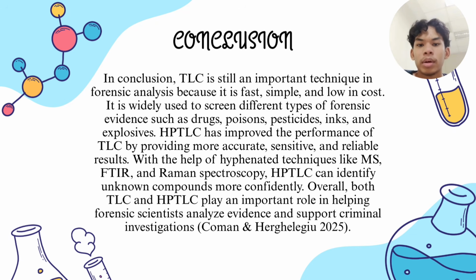With the help of hyphenated techniques like MS, FTIR, and Raman spectroscopy, HPTLC can identify unknown compounds more confidently. Overall, both TLC and HPTLC play an important role in helping forensic scientists analyze evidence and support criminal investigations.